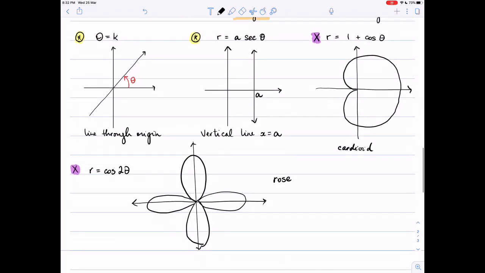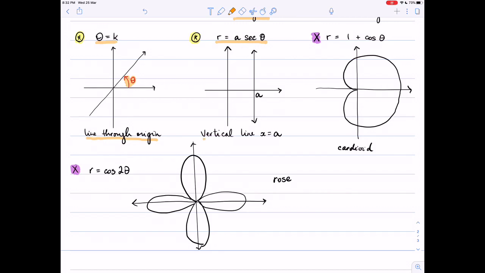We had seen theta is equal to a constant. We'd just seen that earlier with our pi over 3 example. That is a line through the origin, that corresponds to the angle theta that's being made with the positive x-axis. I had you figure out as well, r is a secant theta.